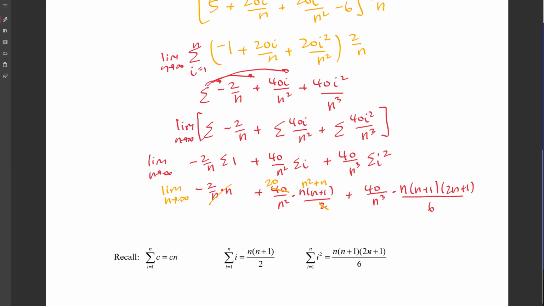But if I take the limit of this right here, do you see the leading powers are both 2? So if I take the limit as n goes to infinity, I'll get 1 here. So this becomes negative 2 plus 20 times 1.